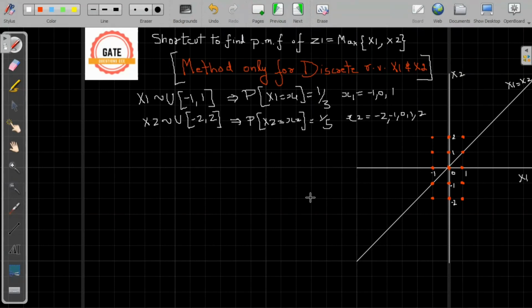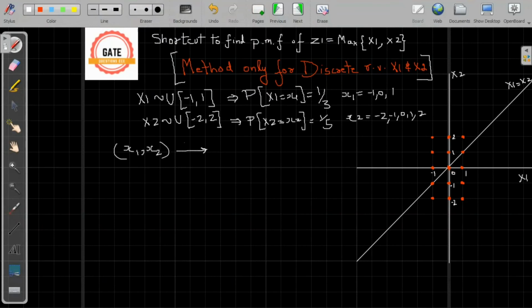So in this two-dimensional x1 x2 plane, I have drawn the possible points that can be obtained by using x1 and x2 in an ordered pair x1 comma x2. What are the possible points?